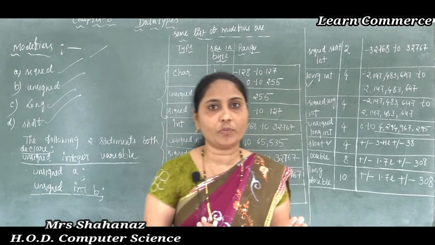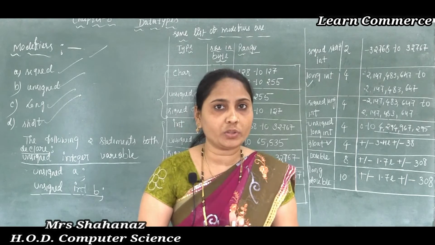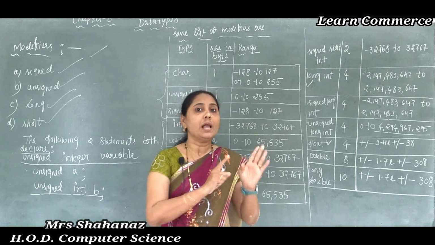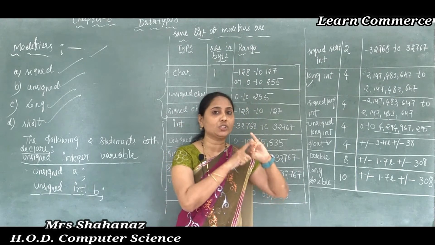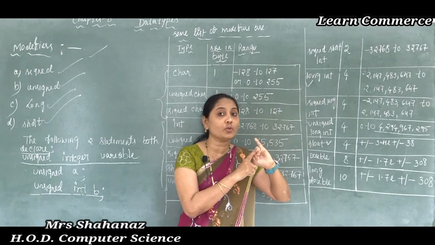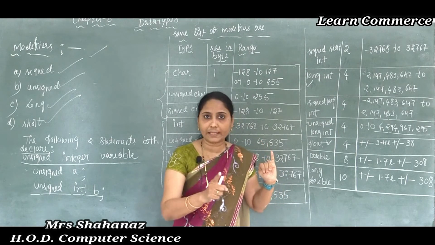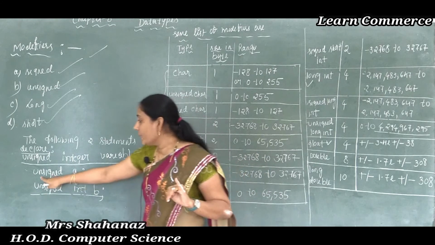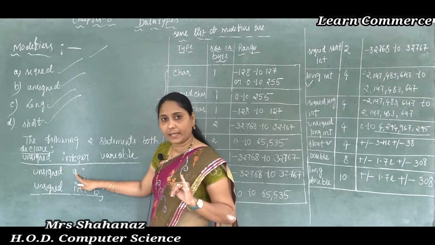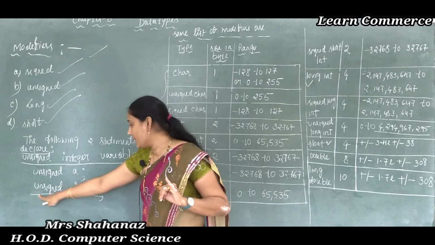Now, about the meaning of the modifier: some examples of modifiers are signed, unsigned, long and short, and such modifiers are used along with the data type. In this example, unsigned a, and here I used unsigned int b.